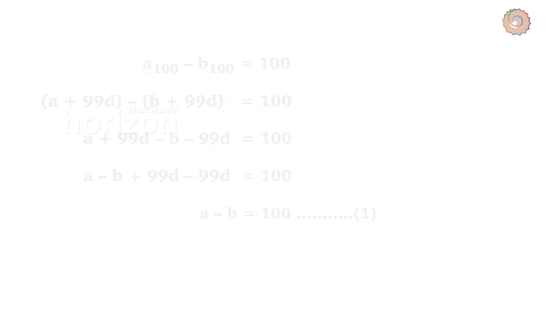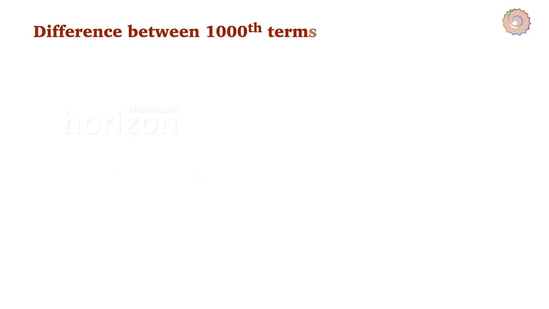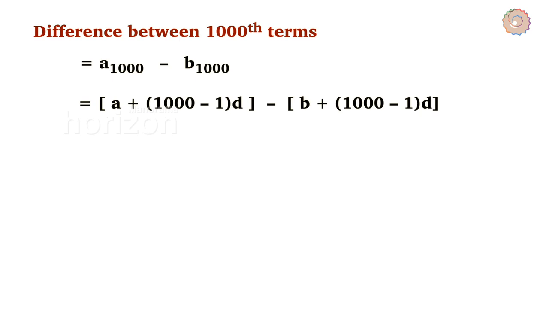Now, we need to find the difference between their 1000th terms, that is a1000 minus b1000. We can write it as a plus 1000 minus 1 into d minus (b plus 1000 minus 1 into d), which is nothing but a plus 999d minus (b plus 999d).